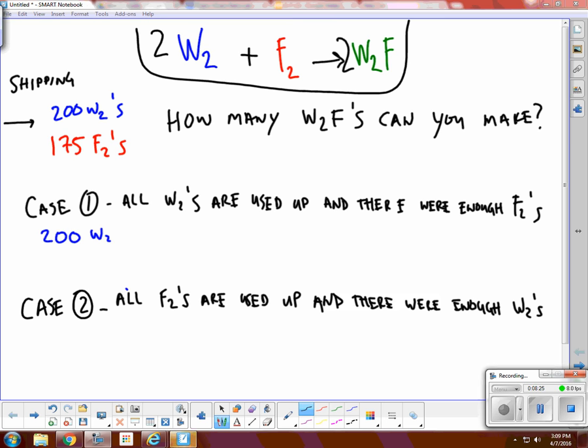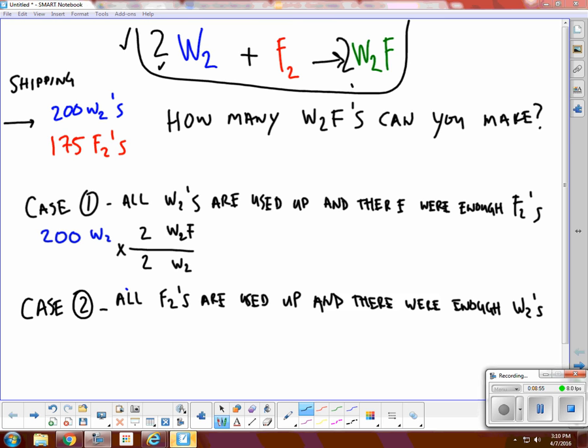So we can use a simple ratio here to figure out how many bikes we're going to be able to make, since we have a balanced equation for bike making. So we know that we have 200 packs of 2 wheels. Each pack comes with 2 wheels, and we have 200 of those packs. And if we set up wheels down here, for every 2 packs of wheels, we can make 2 bikes.